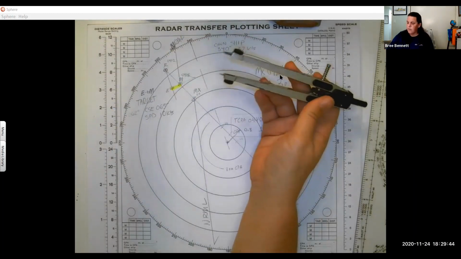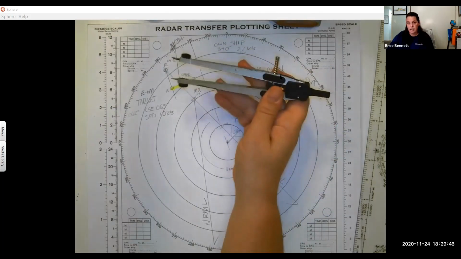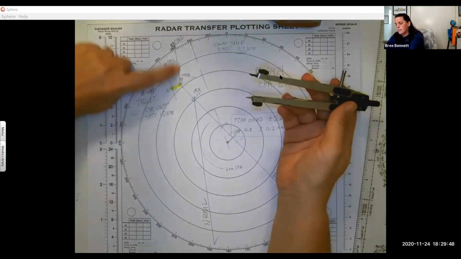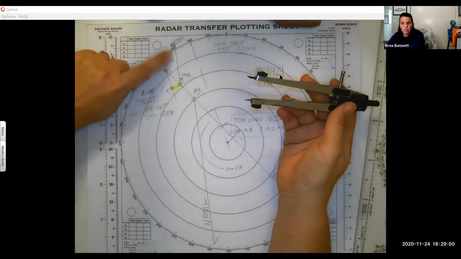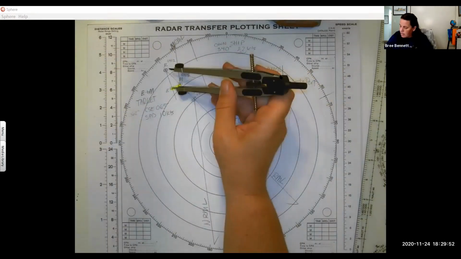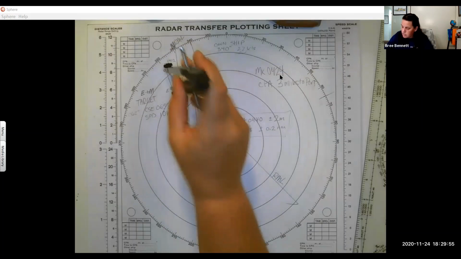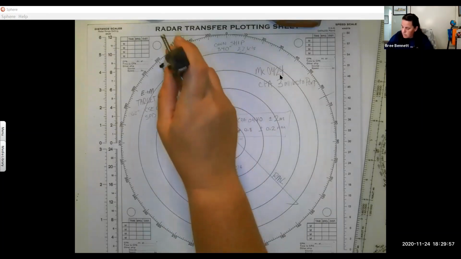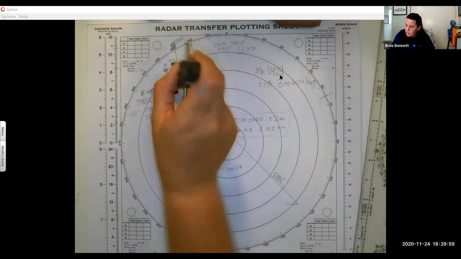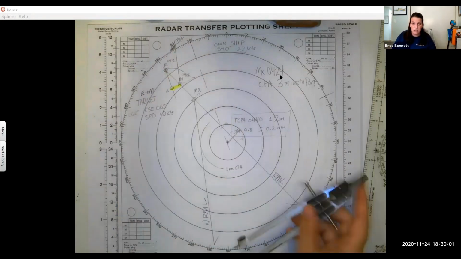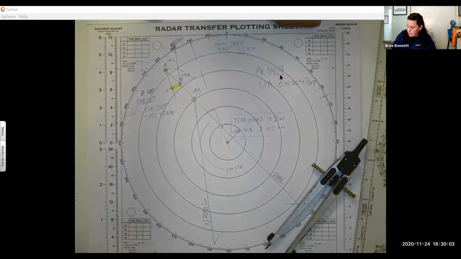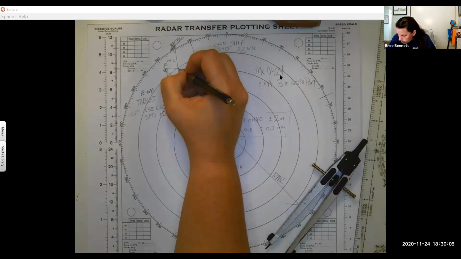We've measured that. So if I maintain this speed, but I want my R to be somewhere along this new relative motion line, I am going to swing this arc. I get just shy of that line there.